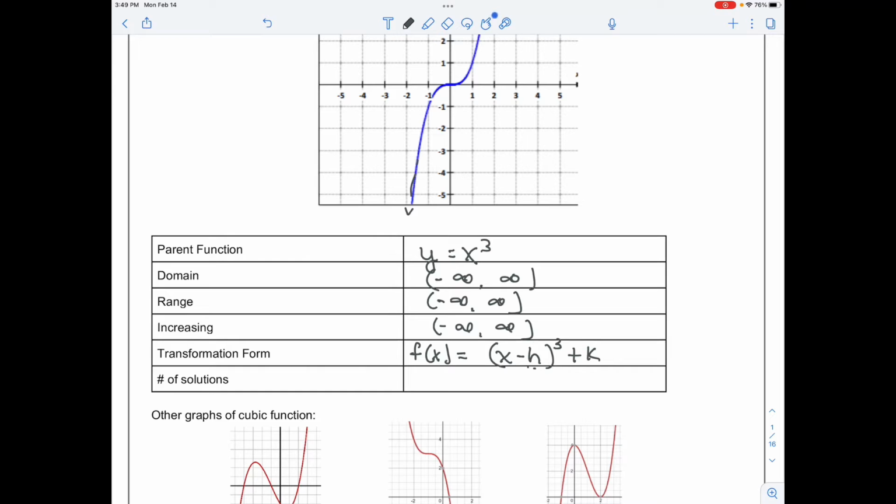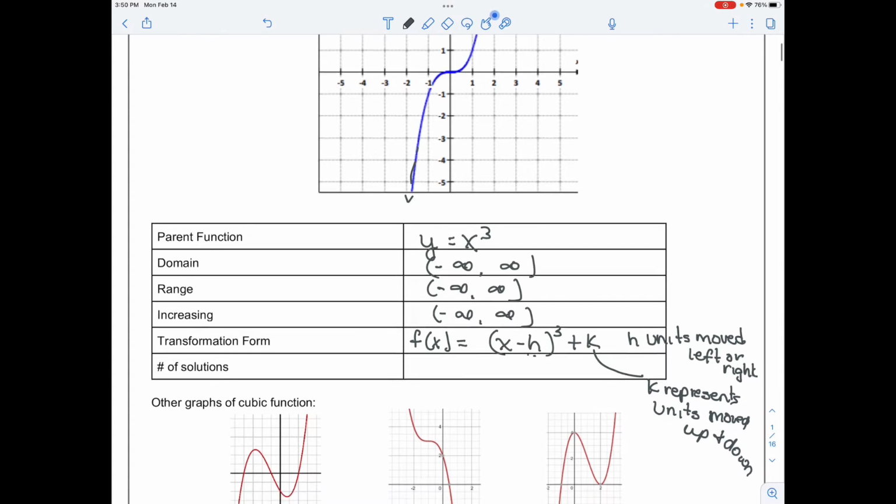Even though (h, k) is not a vertex in this case, h will represent units moved left and right, and k represents units moved up and down. This is the same thing that we did with absolute value and quadratics.